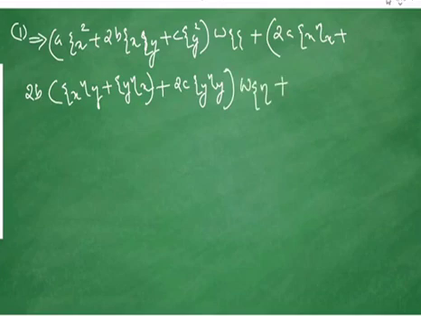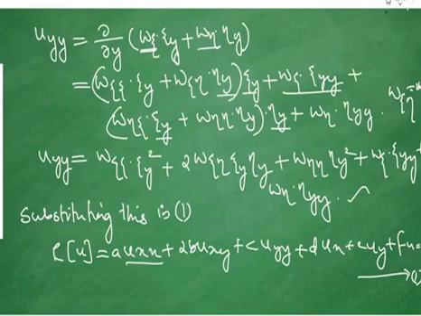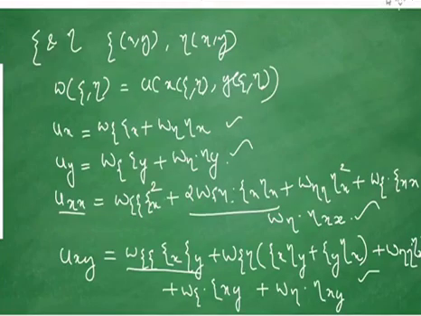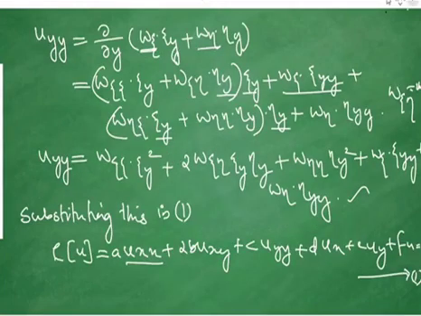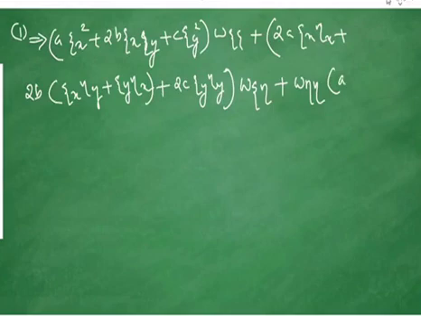Now we are going to collect the terms containing w eta eta. So w eta eta into, in bracket, the first term a into uxx. From that we will get a into eta x square, which will be the same as the coefficient of w theta theta.